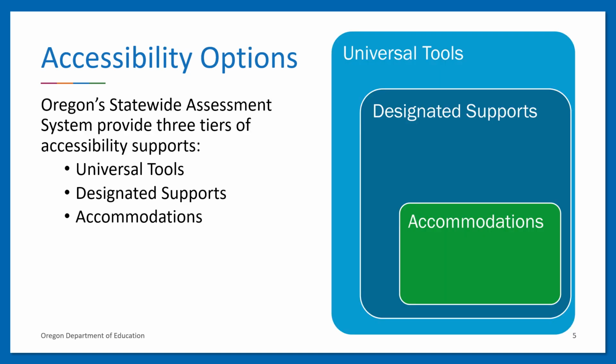It is critical to know the differences between each tier of statewide assessment accessibility supports. Specifically, there are 3 tiers of support: universal tools, designated supports, and accommodations. Each of the 3 tiers of support have different rules for implementation.